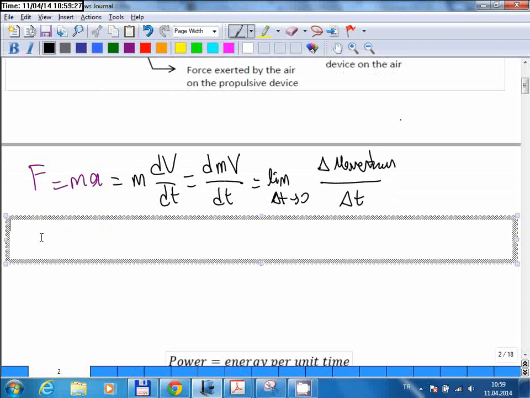Okay, so let me write some explanation here. Let's assume that within time delta t, the amount of air that goes into the engine is delta m. Delta m, okay, so let me write it.